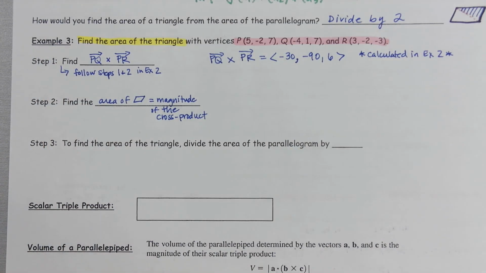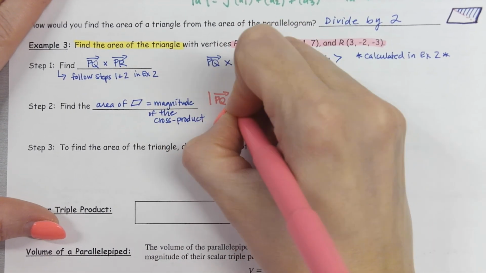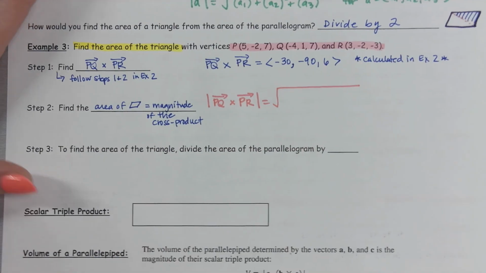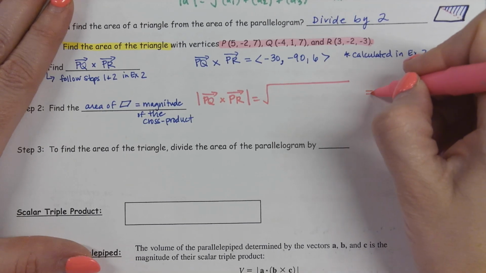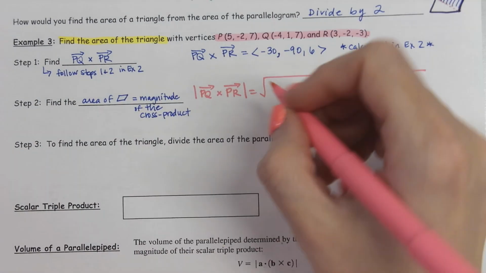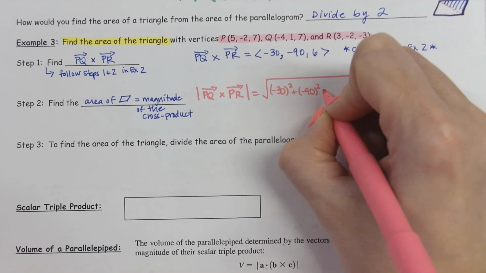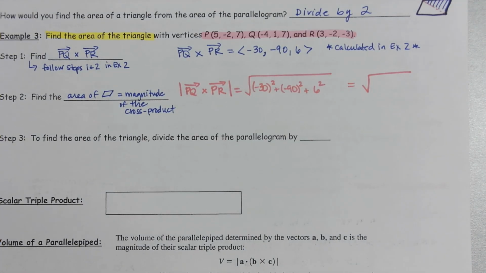When you find the magnitude, we just wrote that down, so you guys can do that. If you're finding the magnitude, it's just going to be each one of those squared, right? And then we'll leave it in the square root for now. So negative 30 squared plus negative 90 squared plus 6 squared. I want you to write what you get, and then see if you can do step 3.